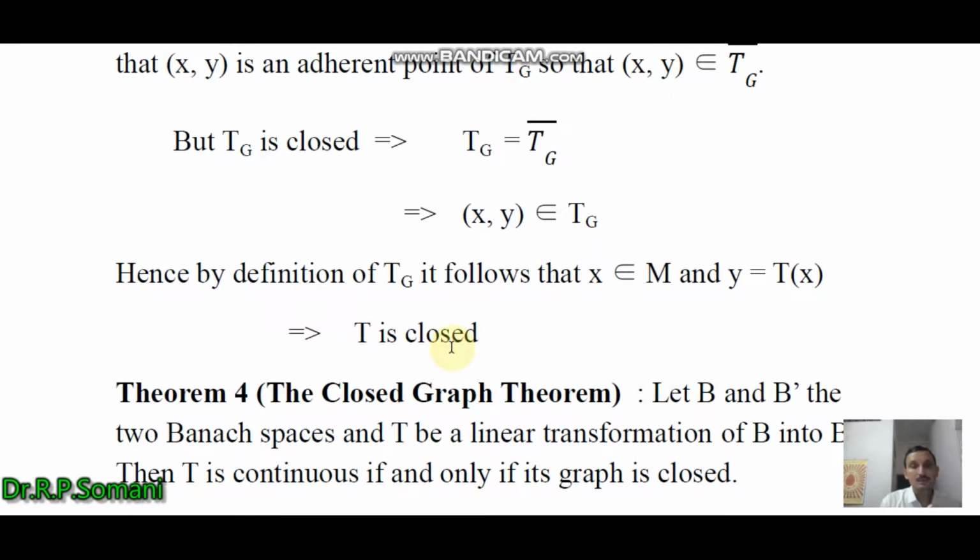Hence, by definition of Tg, it follows that x belongs to M and y equals Tx. So this implies that T is closed. In this way, we have proved that if the graph is closed, then T is also a closed linear transformation.